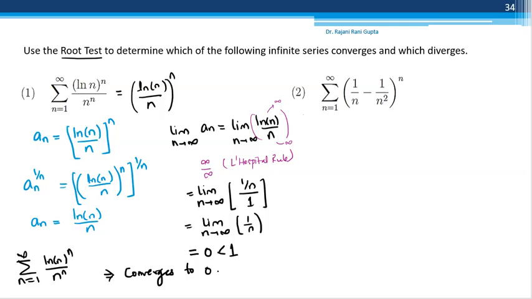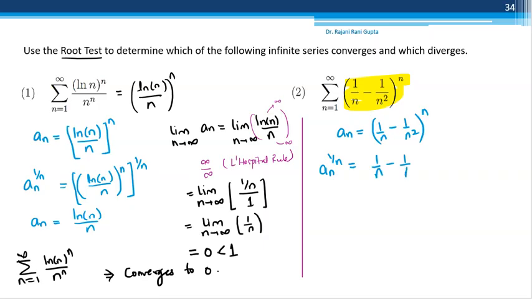Okay, let's take the next example. What you have here is that your a_n is this entire term with the power n. So let's write a_n as (1 over n minus 1 over n squared) to the power n. What will be the nth root of a_n? Definitely this power n will cancel, because here it's power n and then again the power 1 over n.